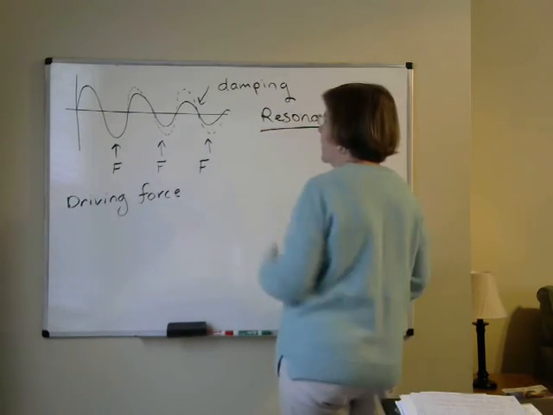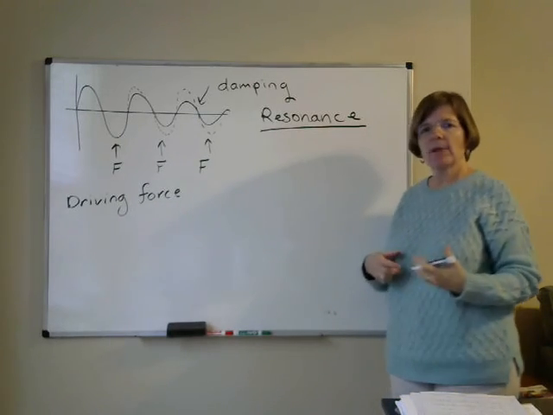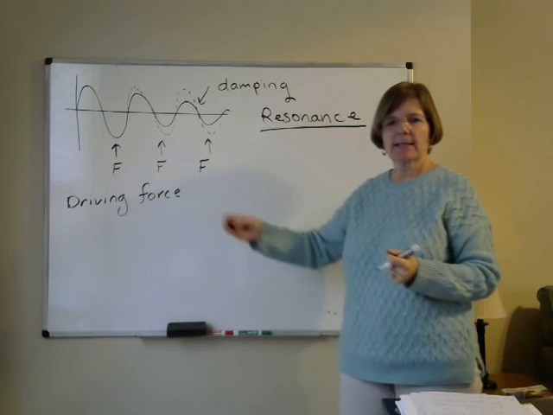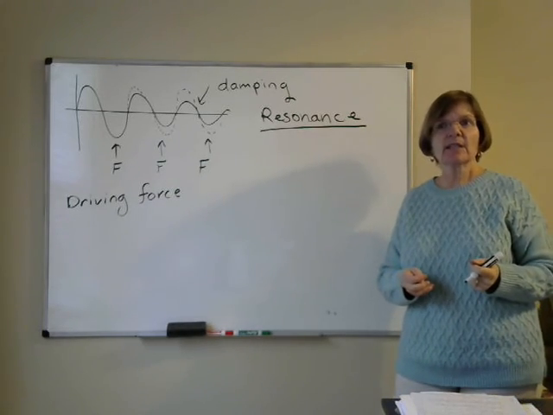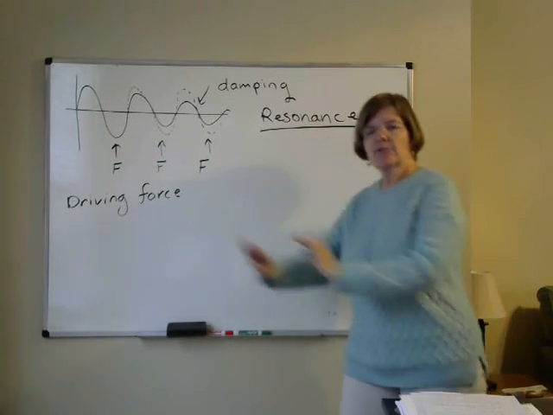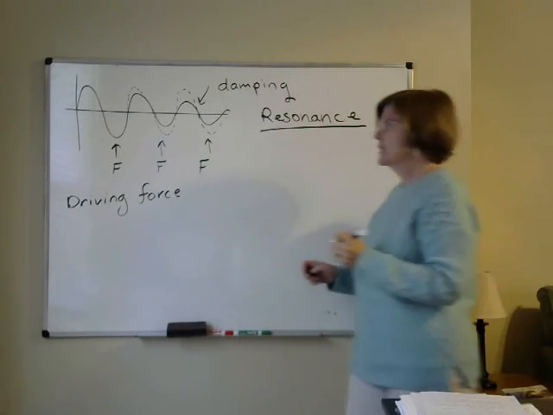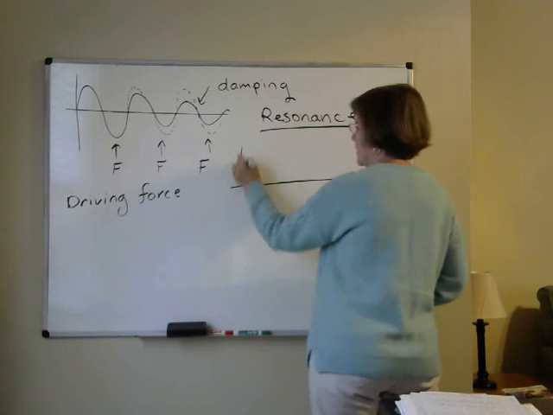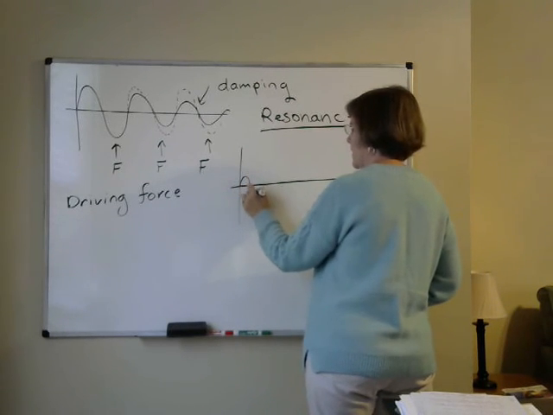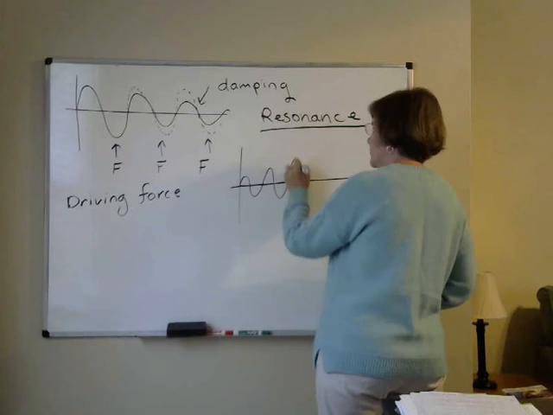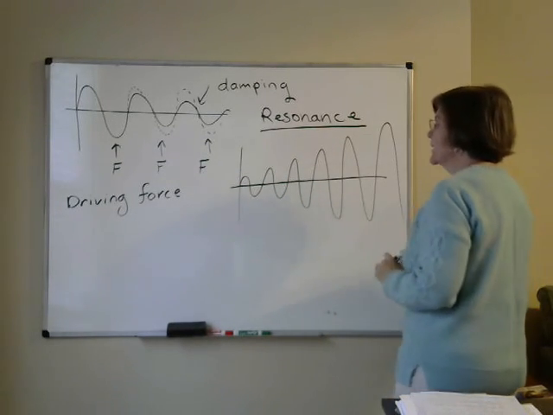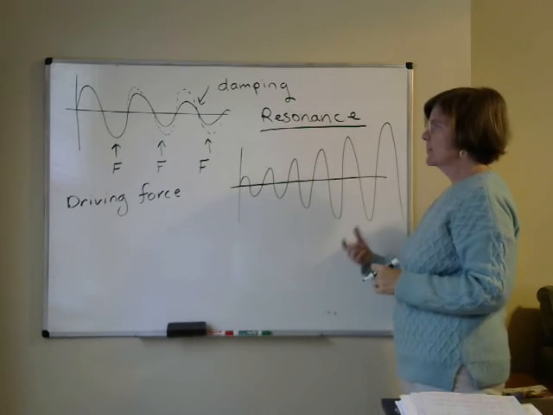Now, what happens if somebody applies this driving force, but it's not just enough to maintain? What if you're really little and you don't know how to swim? Your parents, each time they push you harder, you can get a situation where you start with a fairly small oscillation, but they keep pushing you at your natural frequency, and you can get really large increases in amplitude.